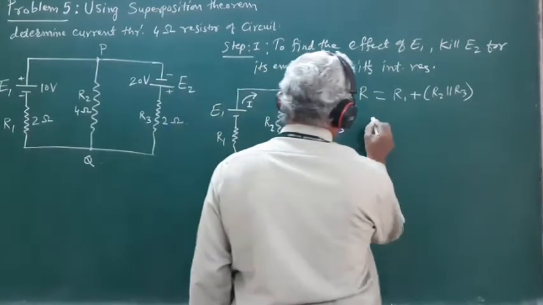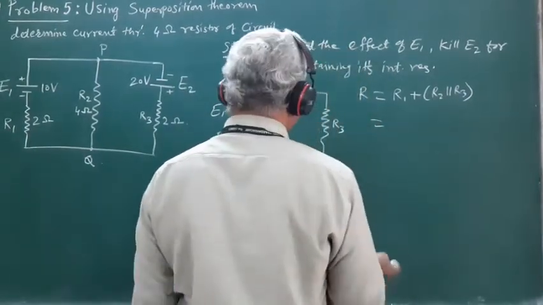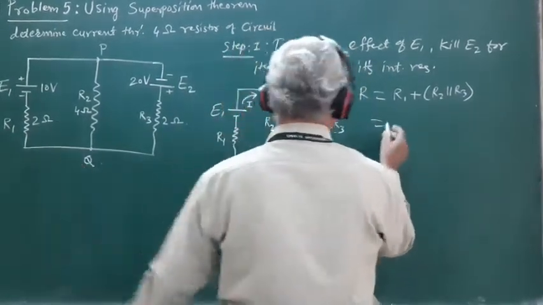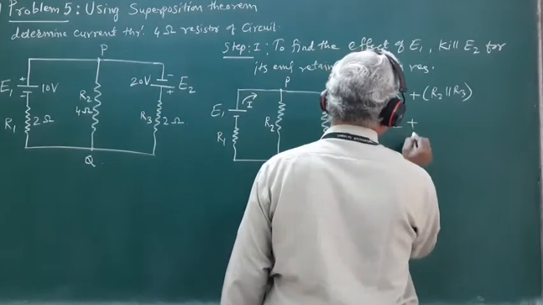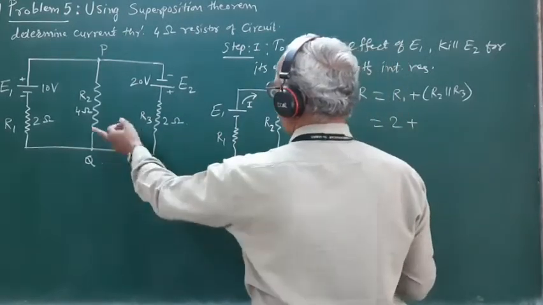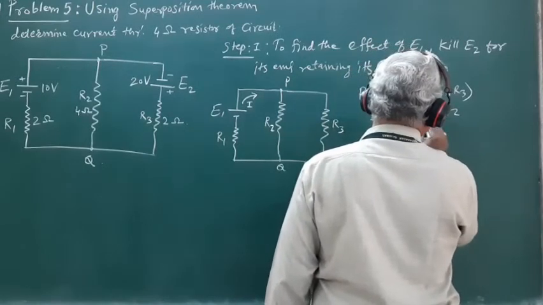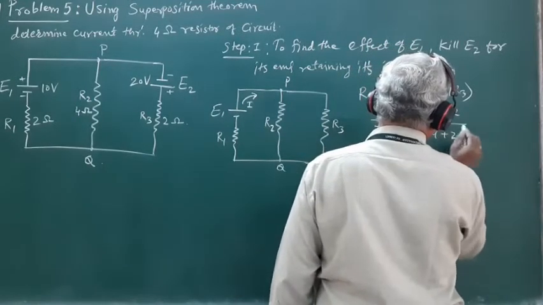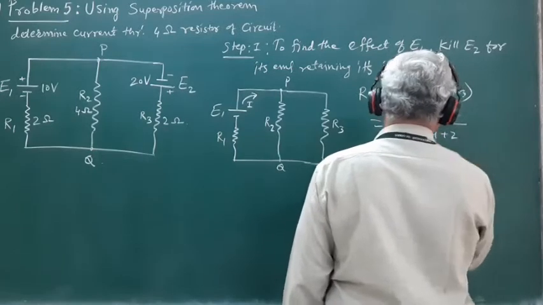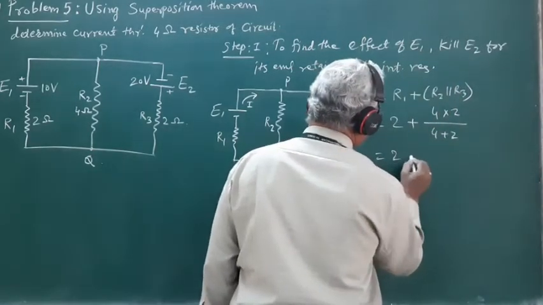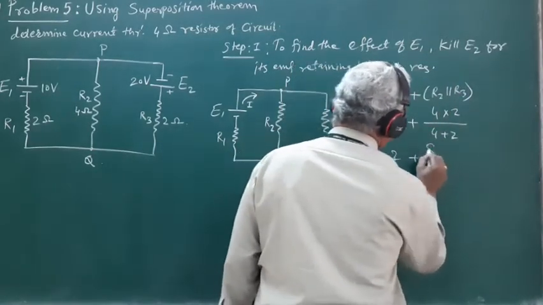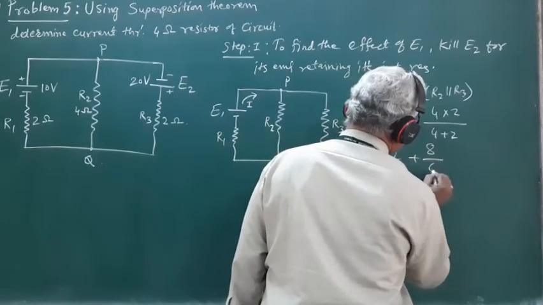So using the values of R1, R2 and R3 here, we get R1 is 2 ohm plus R2 parallel R3 is 4 into 2 divided by 2 plus 4. So this is equal to 2 plus 8 by 6.